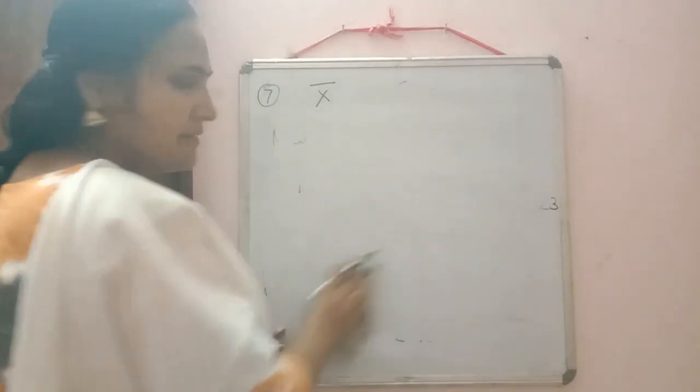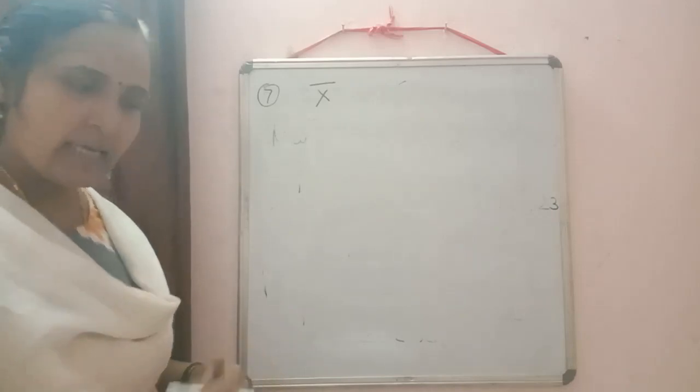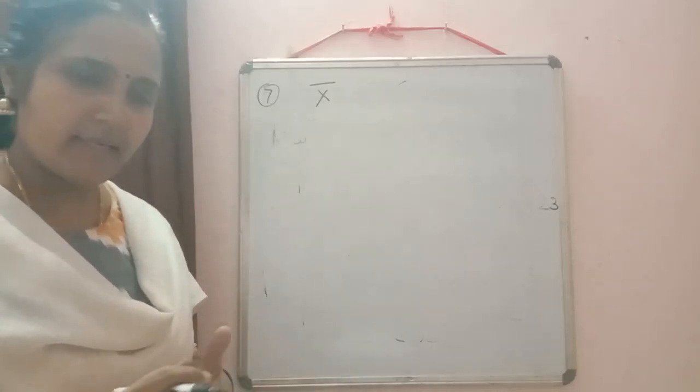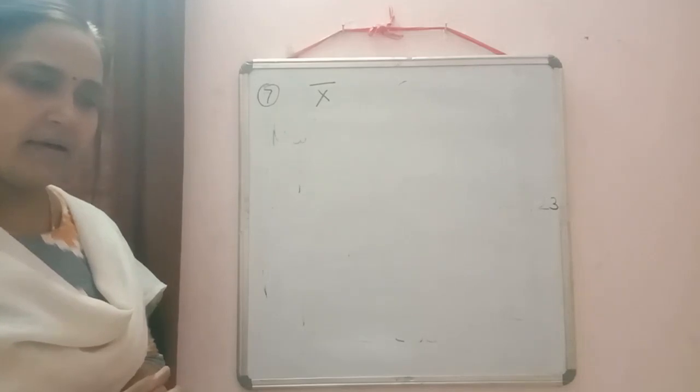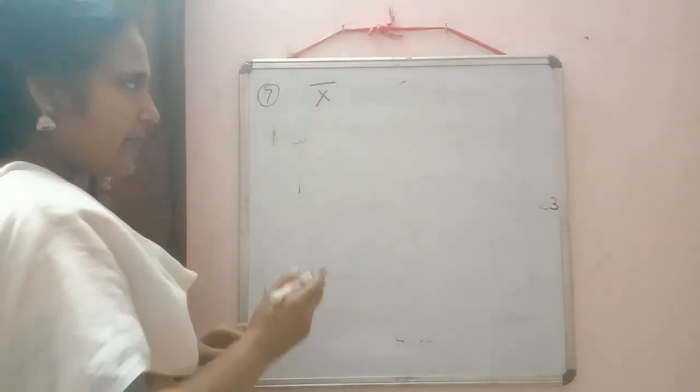If the first observation is increased by 1, second by 2, third by 3 and so on, in this way observations are increasing, find the new mean. So we will write first one.